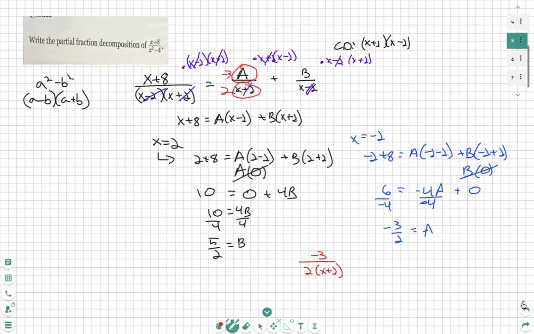Does that make sense? I'm going to write that here because that's what A is equal to now. And then we have plus B, which is just 5 as the numerator over 2(x - 2). And this is what the fraction (x + 8) over (x squared minus 4) breaks down into as partial fractions.